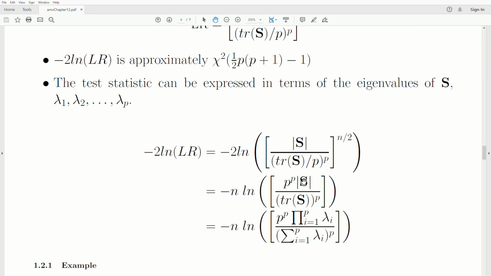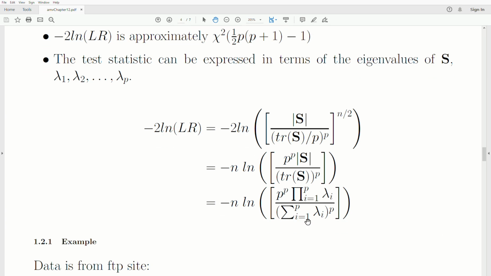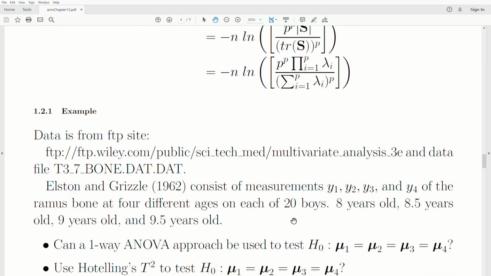But the determinant of a matrix is the product of the eigenvalues of that matrix, and the trace of a matrix is the sum of the eigenvalues of that matrix. So the test statistic can be expressed in terms of the eigenvalues of S, which is, I think, kind of cool in itself. So let's look at an example.